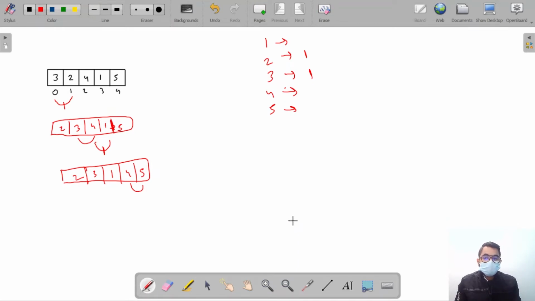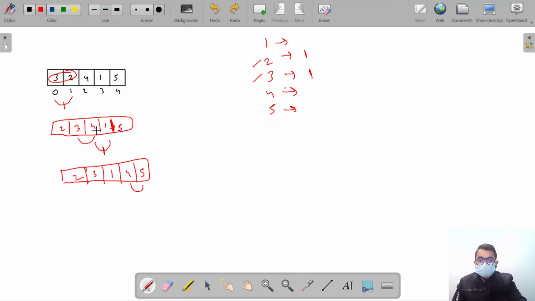Even though in actuality we are swapping only one time, we need to count the swapping for 2 and 3 as well, because it wouldn't be fair if I swapped 3 and 2 and only increased 3's number and not 2's. We need to count swapping for 2 and 3 both.